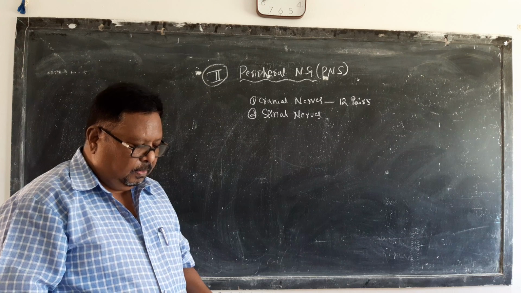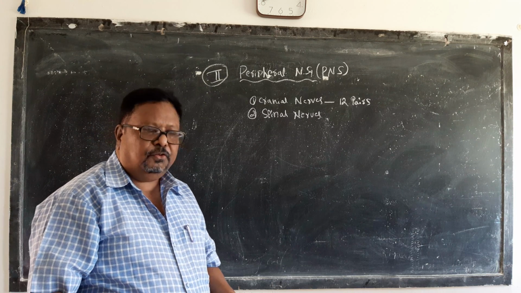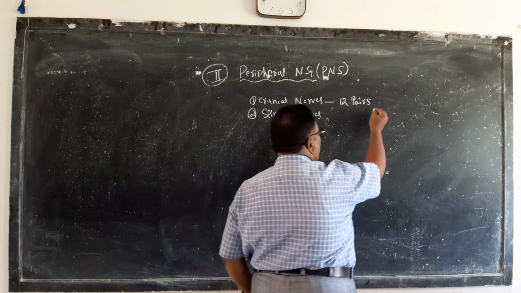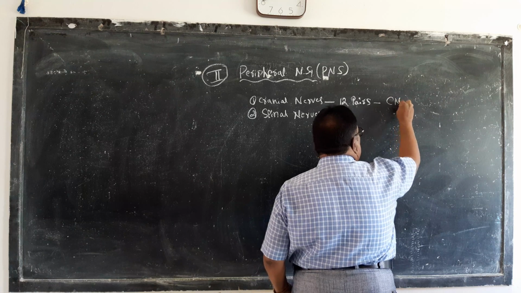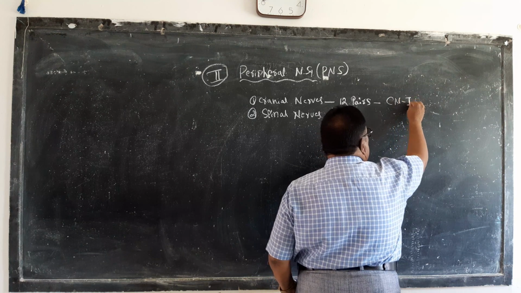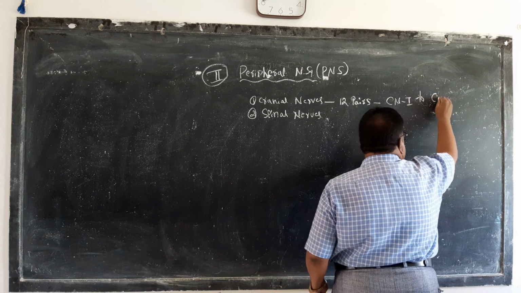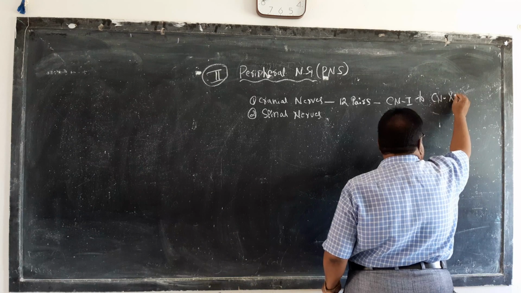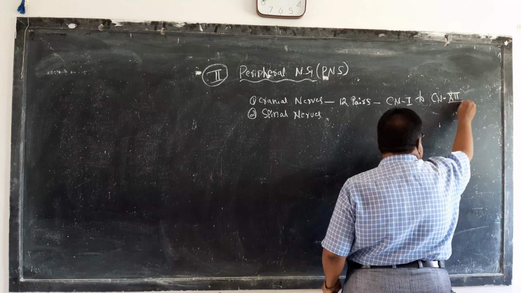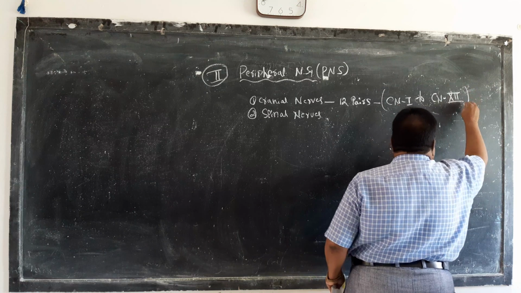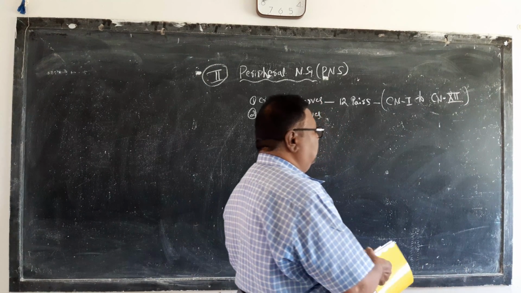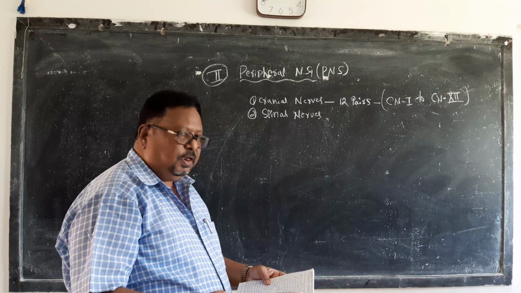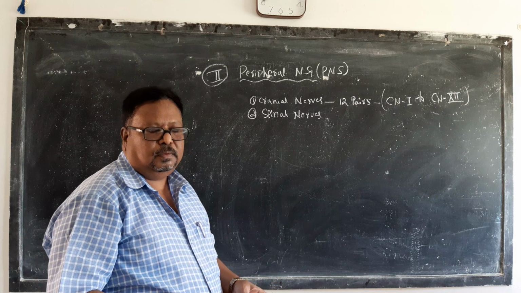Numerically, they are numbered from CN1 to CN12, cranial nerve number 1 to cranial nerve number 12.